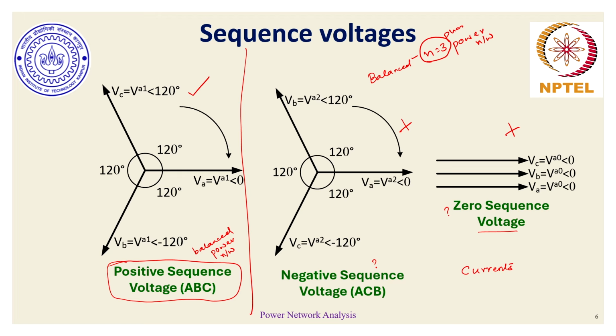That is one aspect. The other aspect is that Fortescue's theorem only says that for n equal to 3, there can be 3 distinct components: positive, negative and zero. Fortescue's theorem also added one more definition. Don't confuse these with VC, VA and VB; I'm just going to write a particular equation.